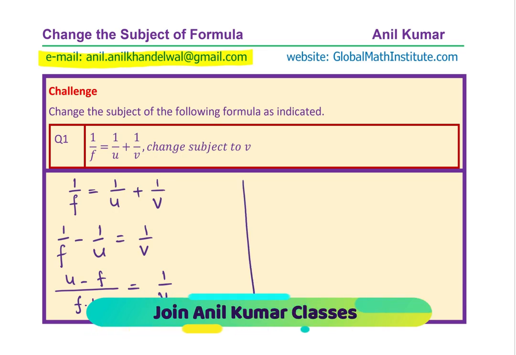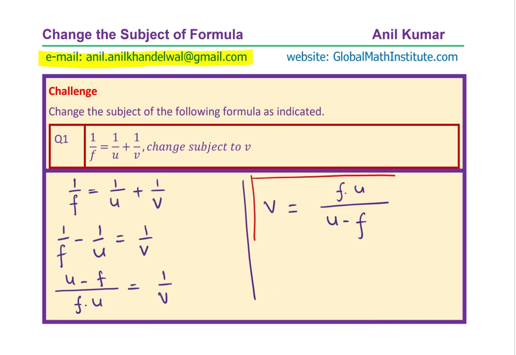Now you can take the reciprocal of this. So v equals f times u over (u minus f). So here is your solution, correct? We have changed the subject to v, so that becomes an explicit formula with v as the dependent variable on f and u.